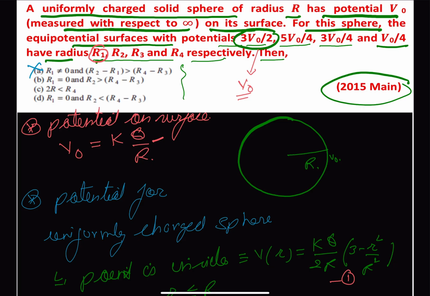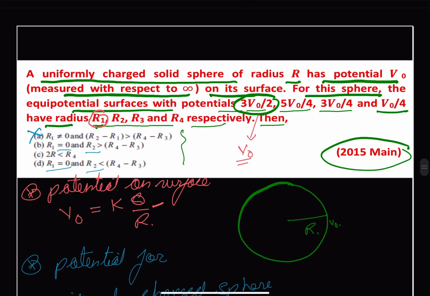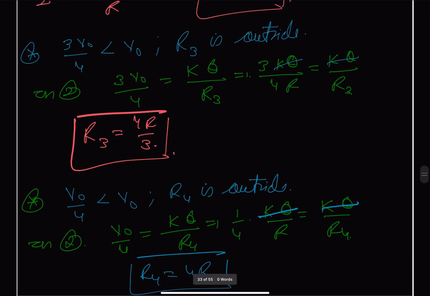And these two are one of the options. Then now we are going to find out R2, and we are also going to find out R4 minus R3 basically. So we find out R4 minus R3.